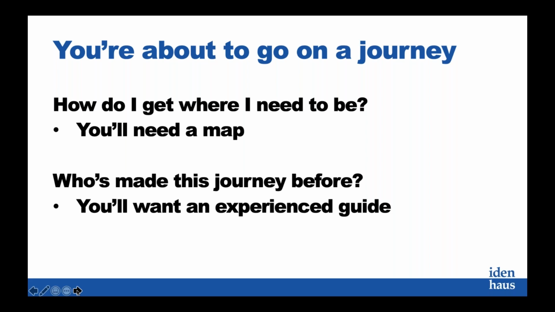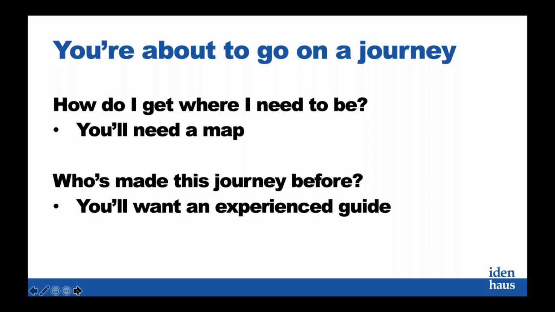You'll also want to know, where can I resupply my water and food? Where are the rest stops? Where can I get help along the way? You'll also want to find someone who's made that journey several times and ask, what lessons have they learned? What were they unprepared for?